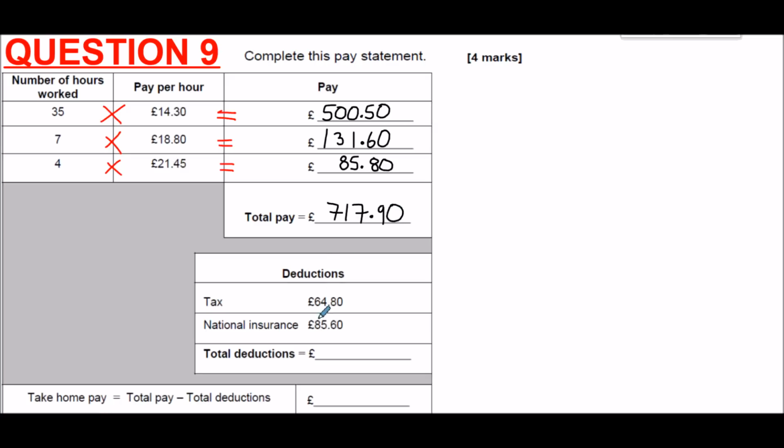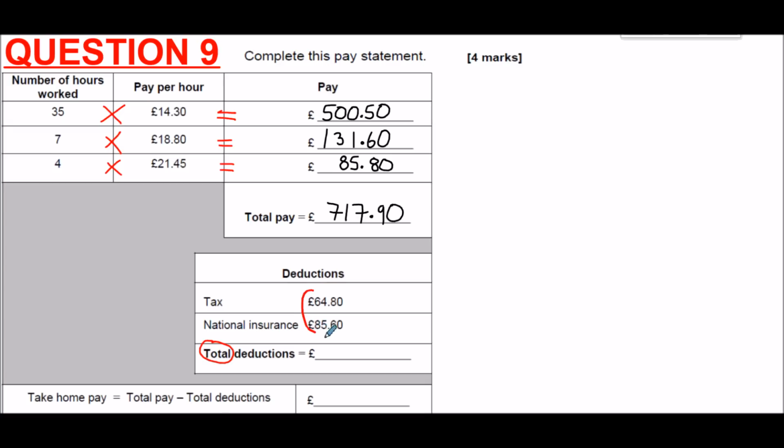Now deductions just mean what's taken away from the wage. Deductions are what is subtracted before you get paid. And so tax is deducted and national insurance is also deducted. So this line here wants the total deductions. It means the total of how much has been taken out of your wage. So for total deductions, these two things are for deductions.